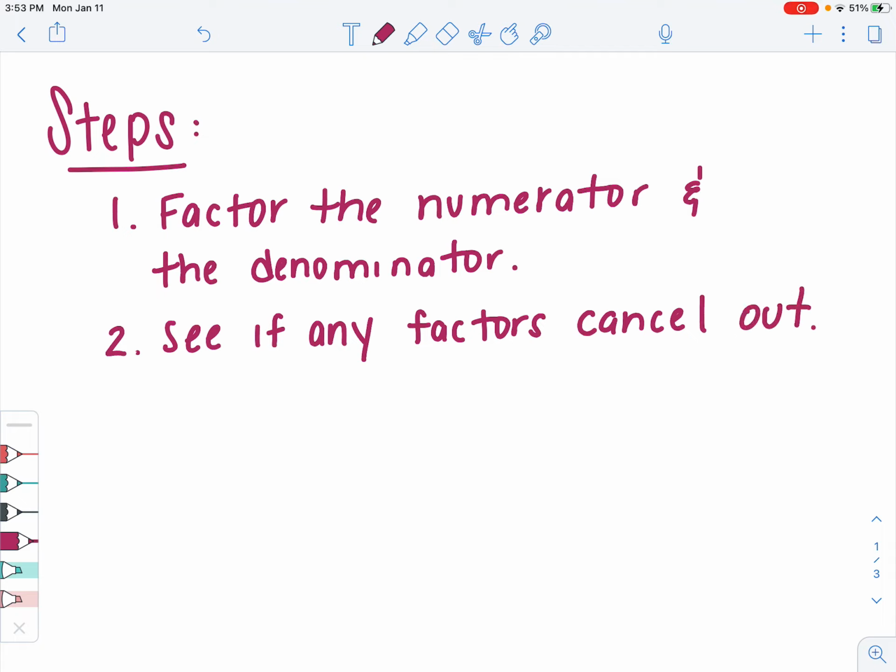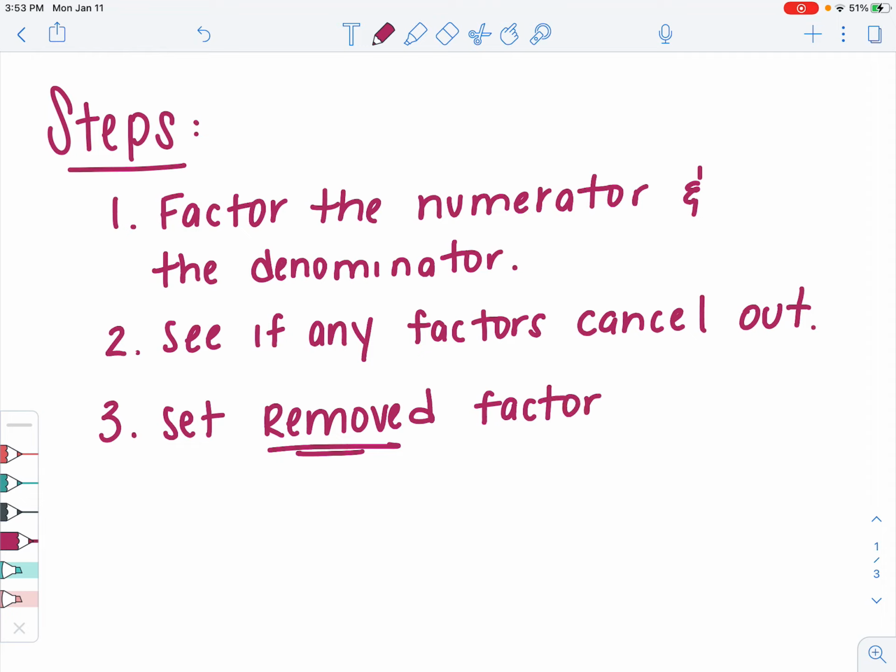If there are any factors that cancel out or that you could remove from the function, those are the ones we'll set equal to 0 and solve to find the hole. So see if factors cancel out, set removed factors equal to 0.